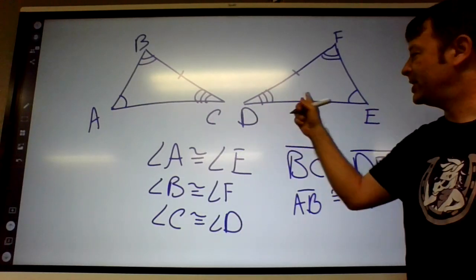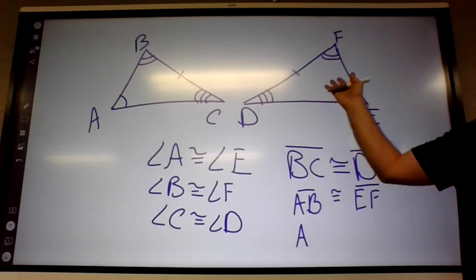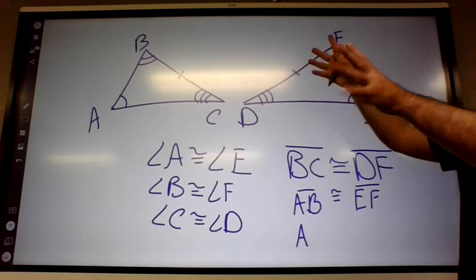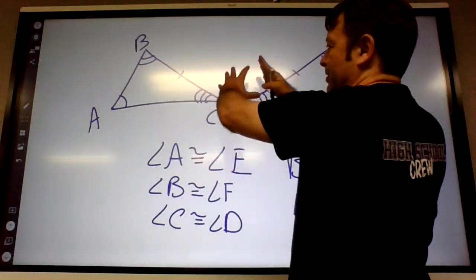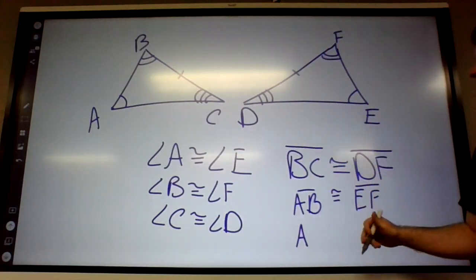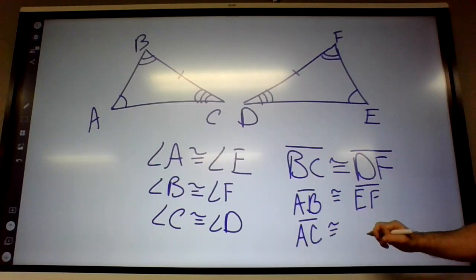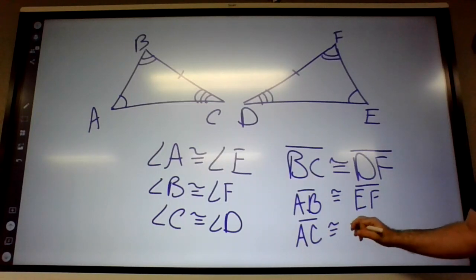And then on the bottom, AC and DE. So notice they're not facing the same direction. They can be pointing all different directions, but as long as the parts are matching, it doesn't matter.